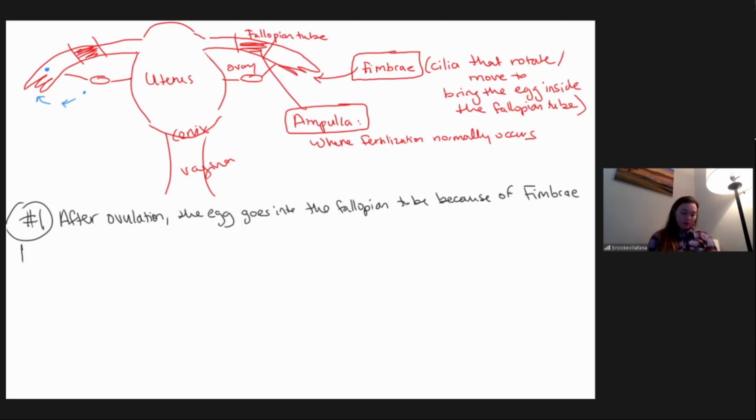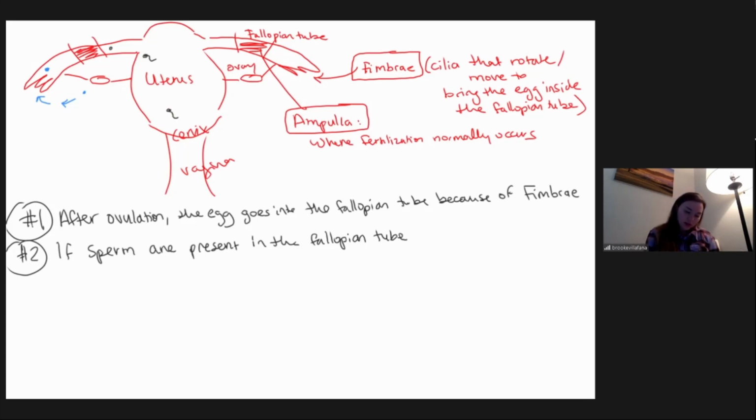So step number 2, if sperm are present in the fallopian tube, right? So sperm can live up to 5 days. So those sperm have been kind of sitting here waiting in that ampulla where fertilization normally occurs.